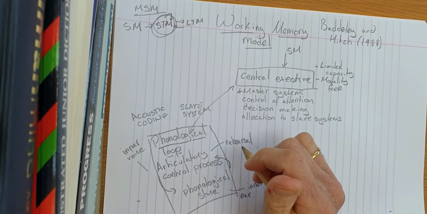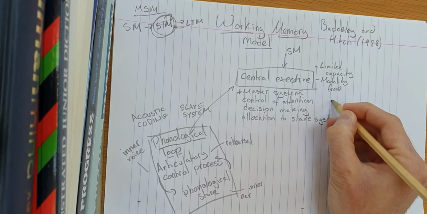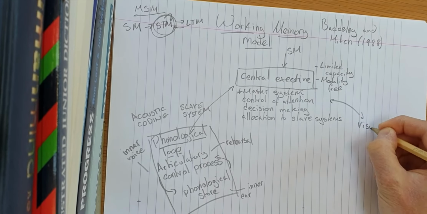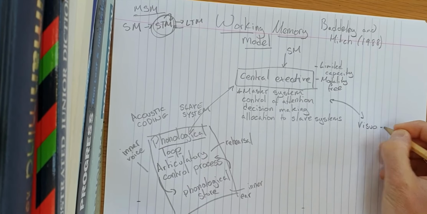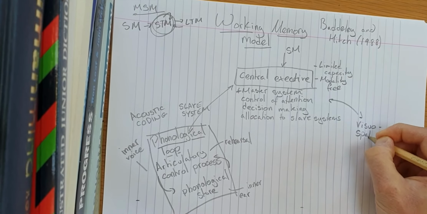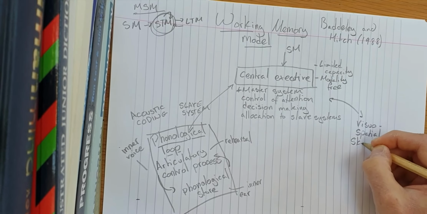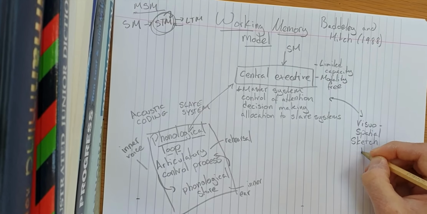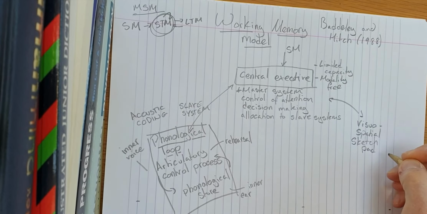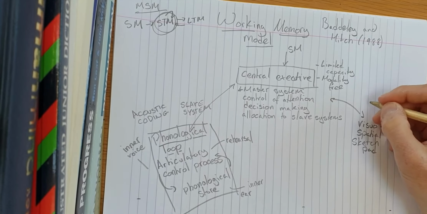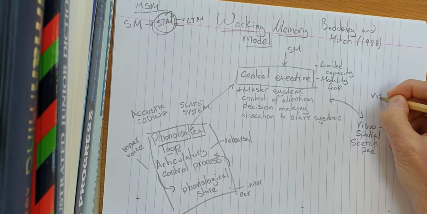The second slave system we need to know about is the visuospatial sketchpad. You might see it sometimes called the visuospatial scratchpad. Now, the visuospatial sketchpad, again, you probably can guess, uses visual coding.